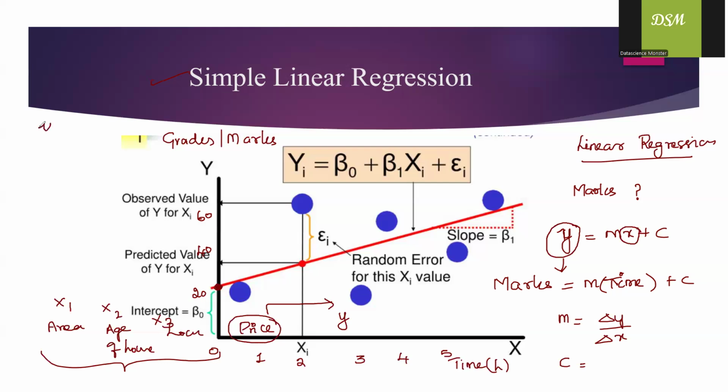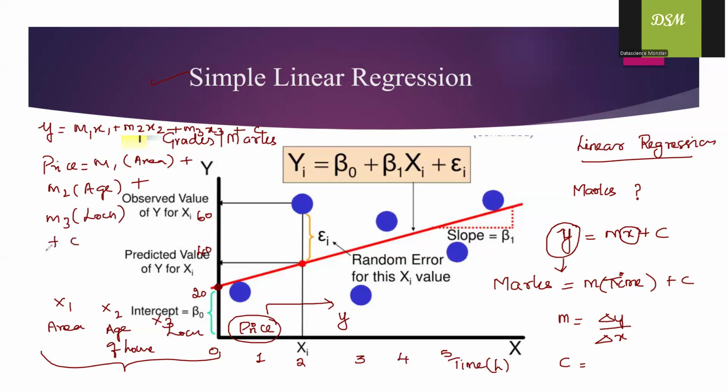If I try to build this relationship, it will turn into y is equal to m1 x1 plus m2 x2 plus m3 x3 plus c. So price is equal to m1 into area of the house plus m2 into age of the house plus m3 into location, and then that would be the intercept. m1 is again how much y changes when there is a unit change in x.